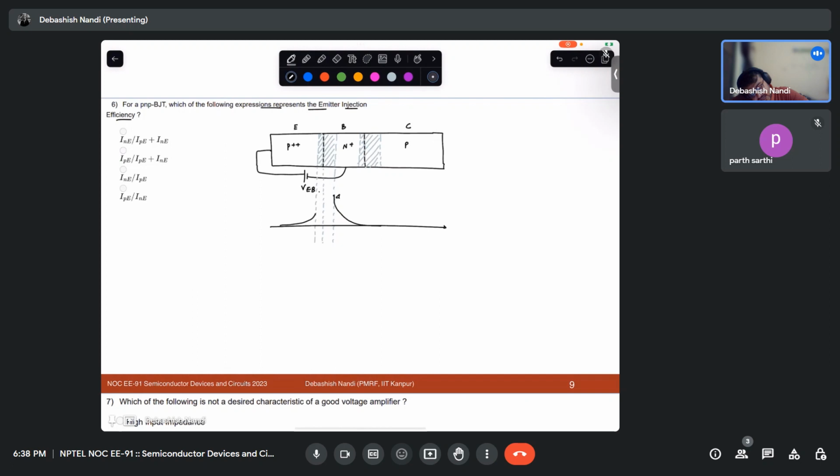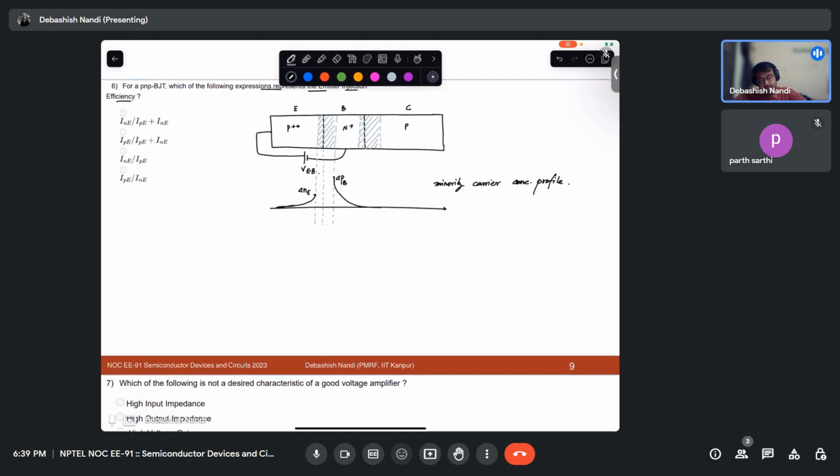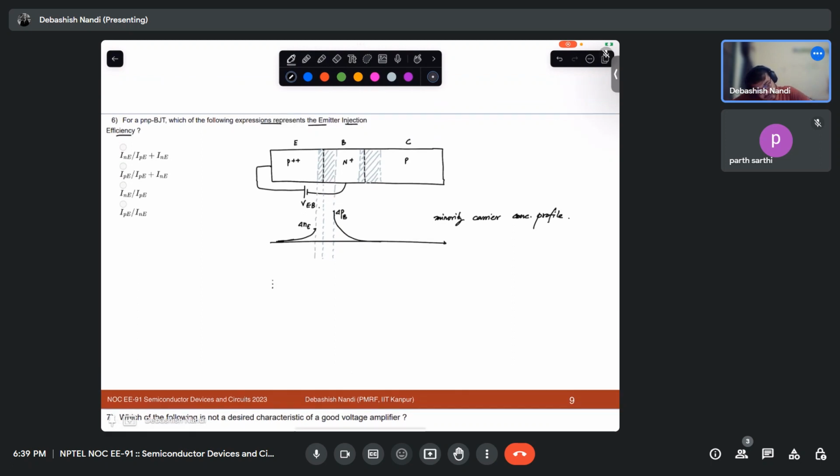So it will be delta P of B, it will be delta N of E. So these are the minority carrier concentration profiles.